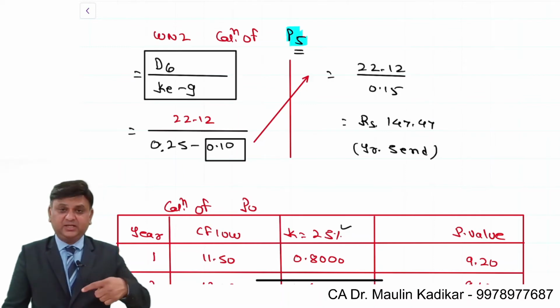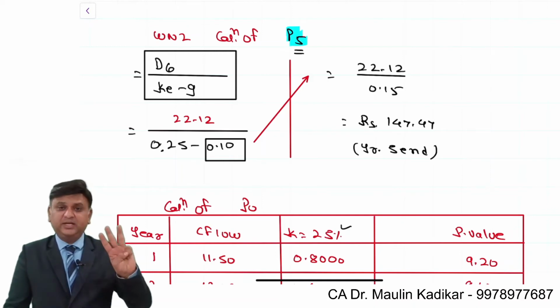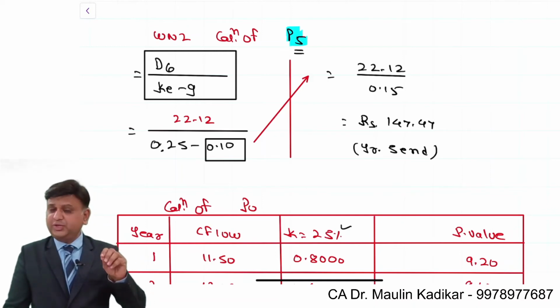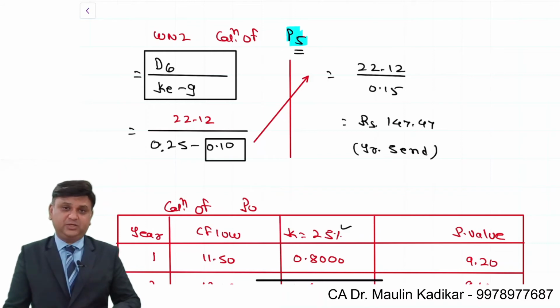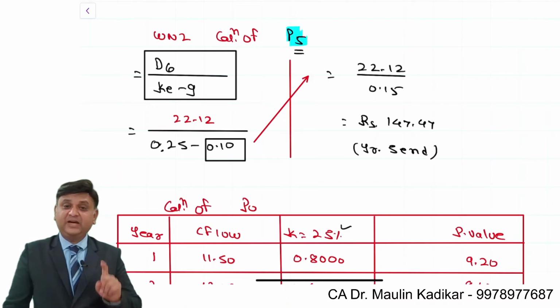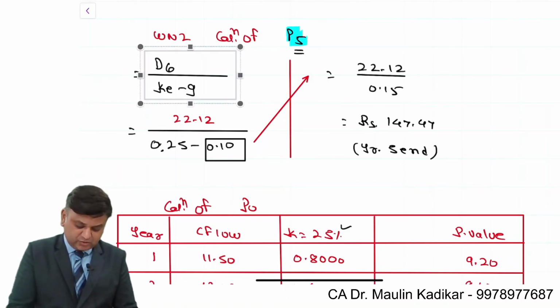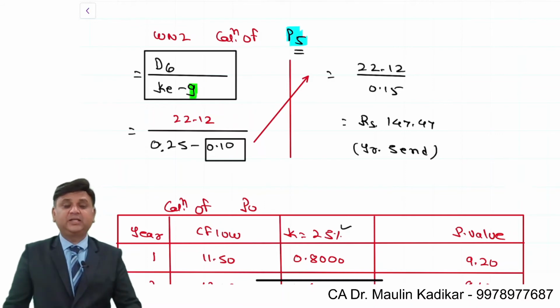Not in this question, the question that we are doing right now. Why? Because 3rd year onwards, the growth rate is not constant for perpetuity. For the purpose of applying this formula, we have understood its derivation that this growth rate has to be constant for perpetuity. That is not the case in case of the 3rd year.